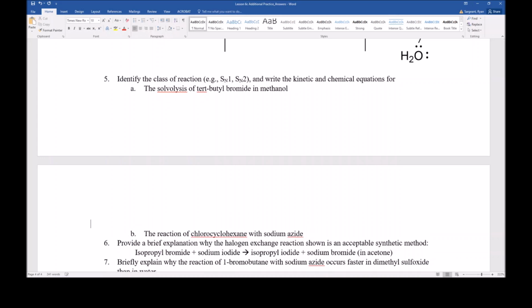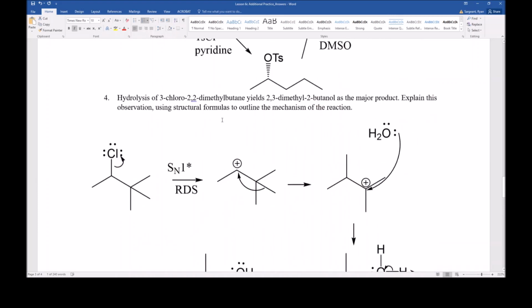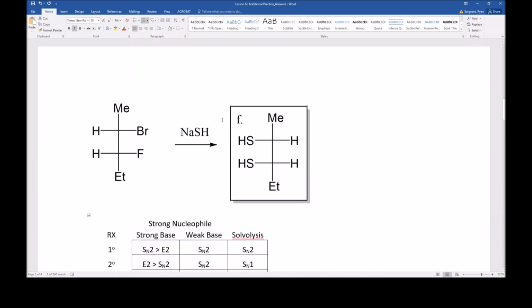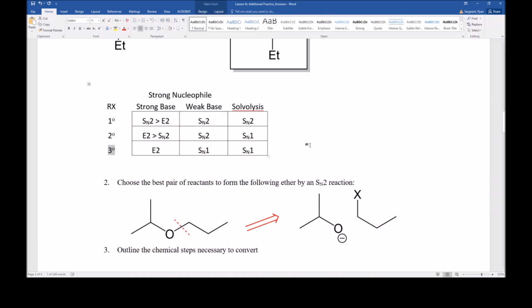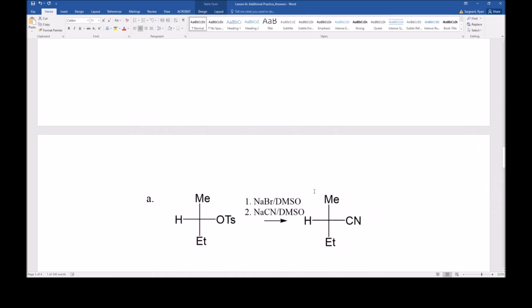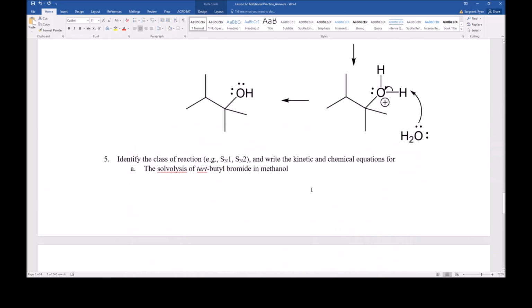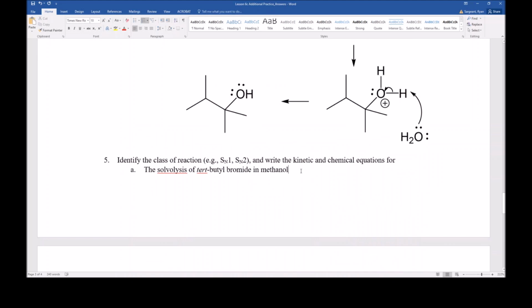So solvolysis means that the solvent is replacing the halogen, and tert-butyl bromide is a tertiary alkyl halide. So going back up to our table, when you have a tertiary alkyl halide and a solvolysis reaction, tertiary alkyl halide solvolysis, that means it's going to go Sn1. So just based on the table, we know that this reaction will go Sn1.